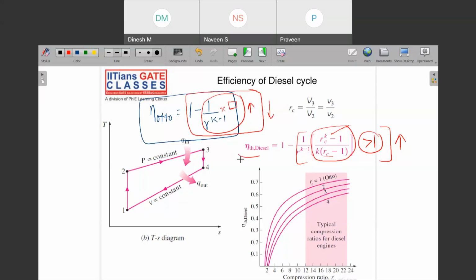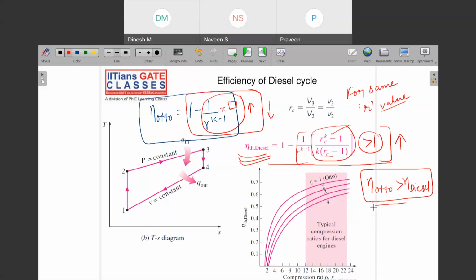That is why I am telling you that for the same compression ratio, the same r value, the thermal efficiency of Otto cycle will be greater than that of diesel cycle. Many times we have seen that this has been asked to us, so please keep these things in mind.